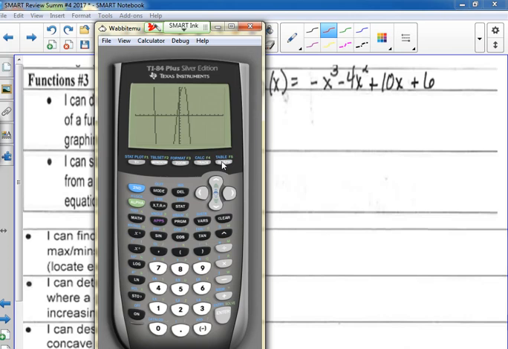Okay, part of the question on the quiz says find an appropriate window. So I'm gonna let you guys fiddle around until somebody thinks they have an appropriate window. An appropriate window is not zoom fit. Because yes, zoom fit can be very ridiculous. Zoom fit will show you the top and the bottom, but it will likely also lose a lot of stuff. If it was doing something crazy in the middle, you wouldn't see it because it zooms out so far. I will teach you when it's appropriate to use zoom fit on a word problem.